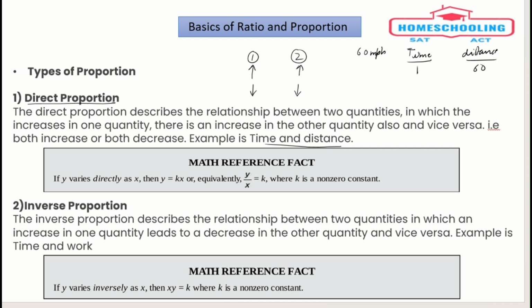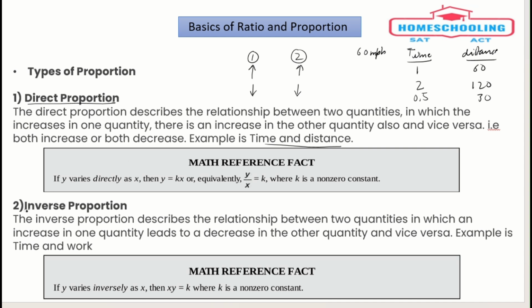Similarly, if we increase the time to 2 hours, then the distance also increases. So in 2 hours, it will cover 120 miles. If we decrease the time to 0.5 hours, or half an hour, then it will cover only 30 miles. So in direct proportion, if one quantity increases, then the other quantity also increases. If one quantity decreases, then the other quantity also decreases.